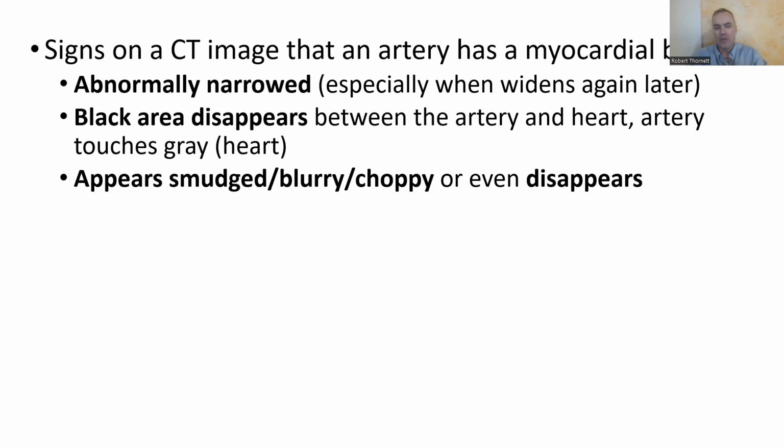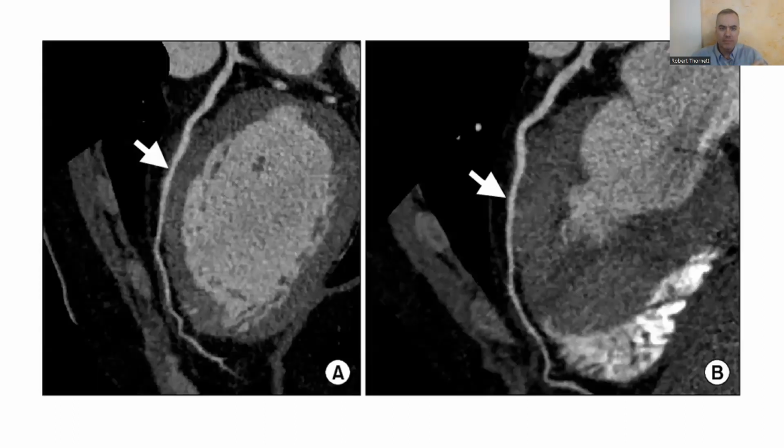On the CT image, that fat shows up as black. The heart itself shows up as a gray color, and the artery shows up as a lighter color. For example, let's take a look at this image right here. You see this black stuff right here when I'm pointing at the top?